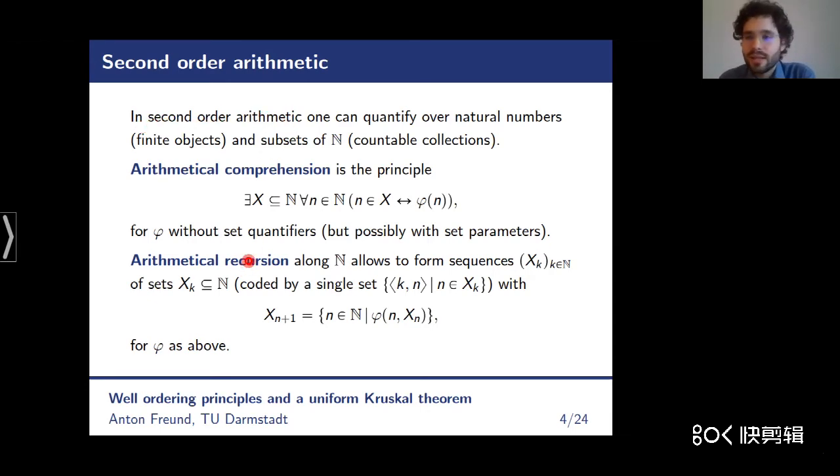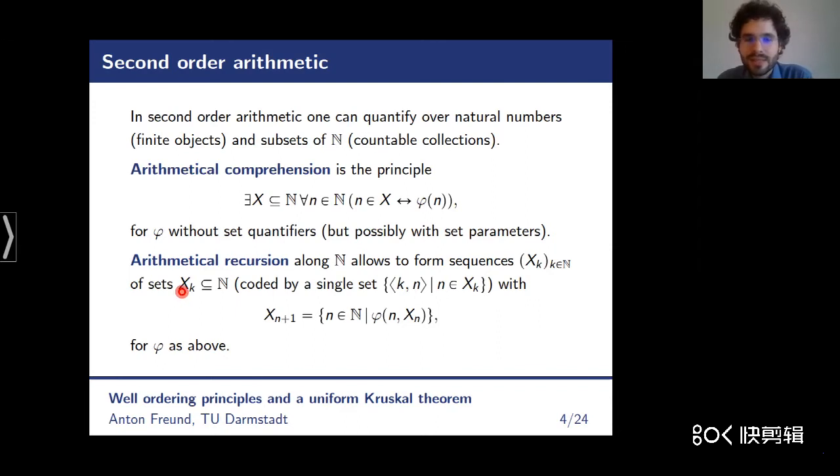And the point is that in this setting, we can quantify, we can talk about natural numbers that represent finite objects as before, but now we can also quantify over subsets of the natural numbers that represent countable collections of such finite objects. Let me present two of the principles that will be important in the following. So the first one is arithmetical comprehension.